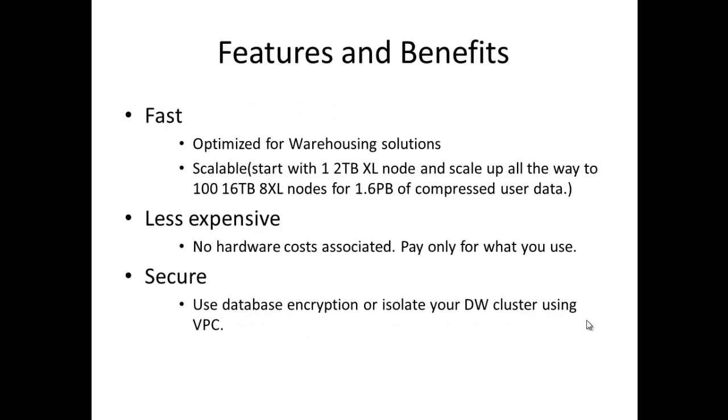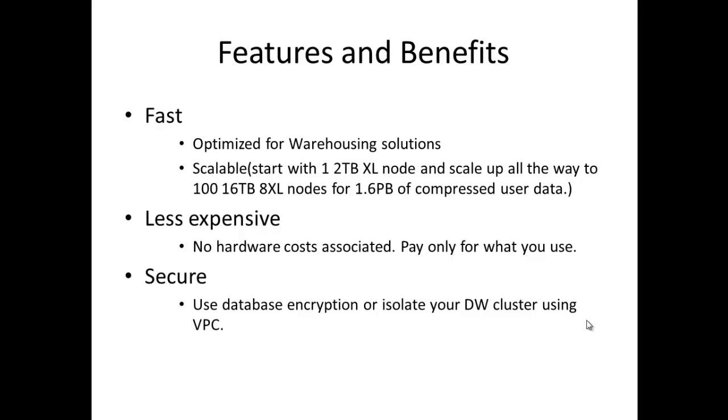Let us view a couple of features and benefits of Amazon Redshift. Amazon Redshift is a service that is optimized for warehousing solutions. It is scalable in the sense that as the needs of our data warehouse change, we can keep adding nodes with ease. Also, this service is less expensive.